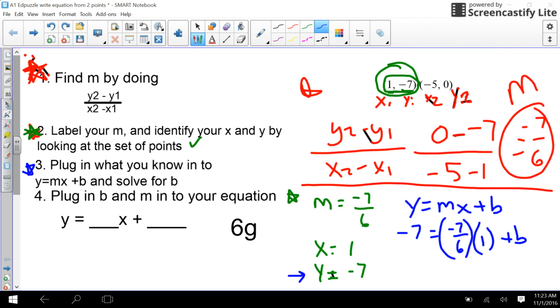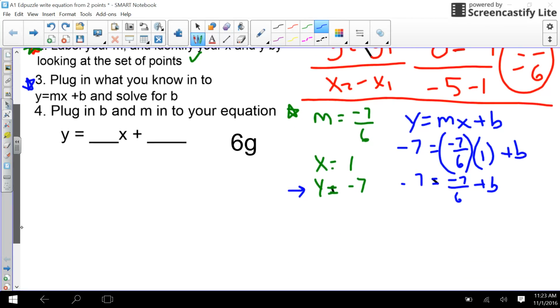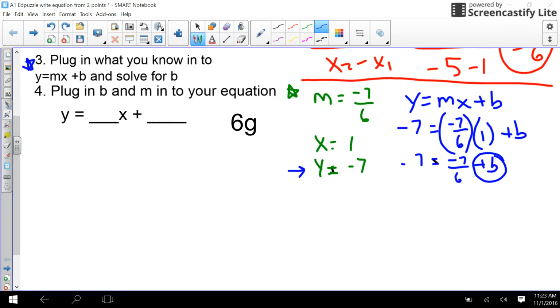Now I'm going to type in my calculator. Alpha y equals enter negative 7 divided by 6 times 1. And surprise, surprise, it's negative 7 over 6. Okay, plus b. I have to get b by itself.